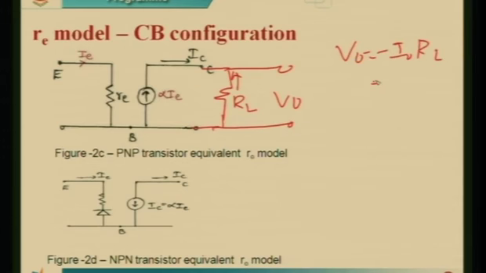I0 is the collector current, and the output current is opposite in direction, so V0 equals minus IC times RL, where IC is alpha times IE.